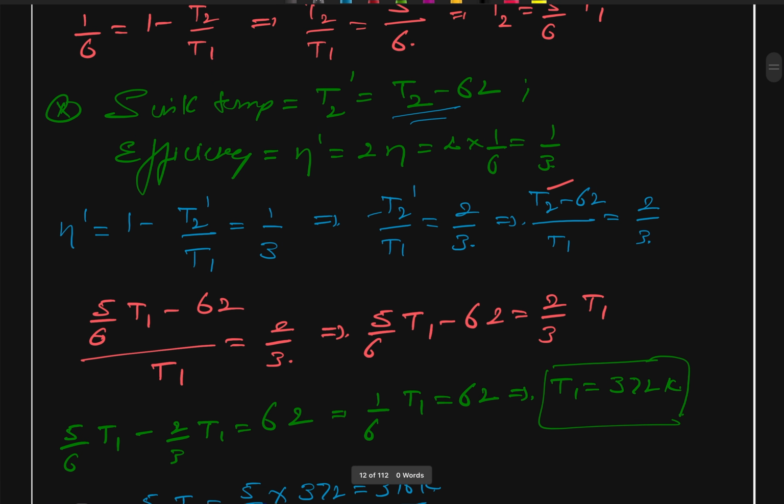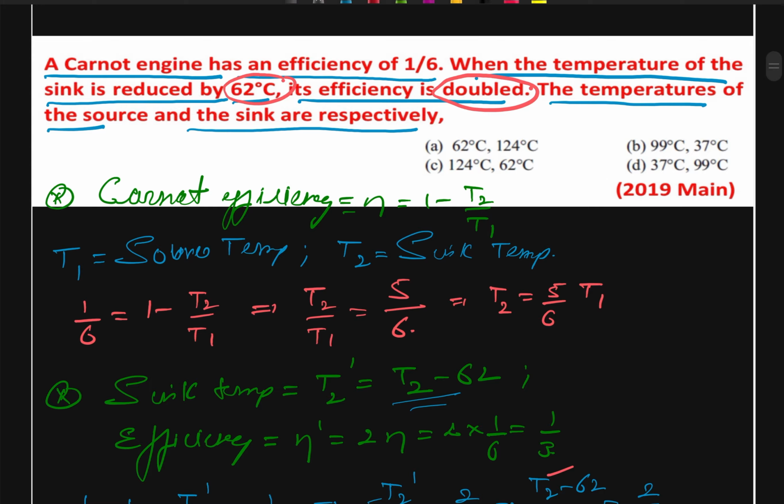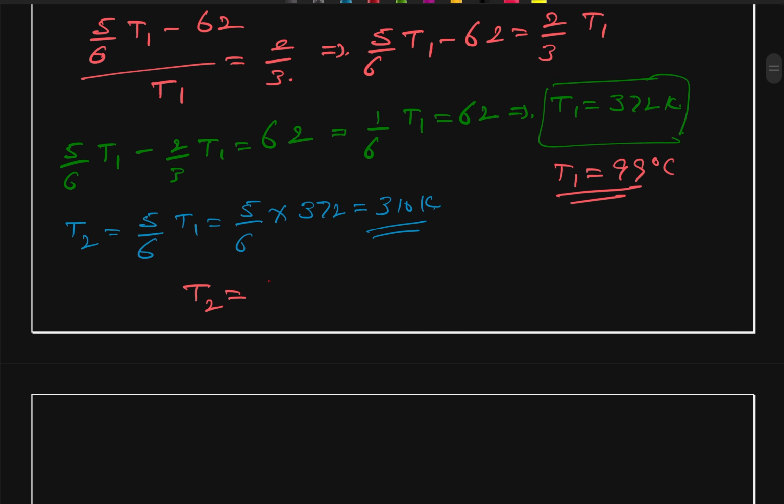Now for the temperature in degree centigrade, we subtract 273, so we get T1 will be equal to 99 degree centigrade, and T2 will be equal to, this is 310 minus 273, which is 37 degree centigrade.